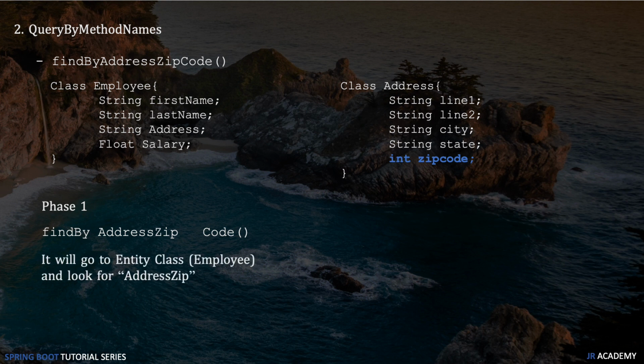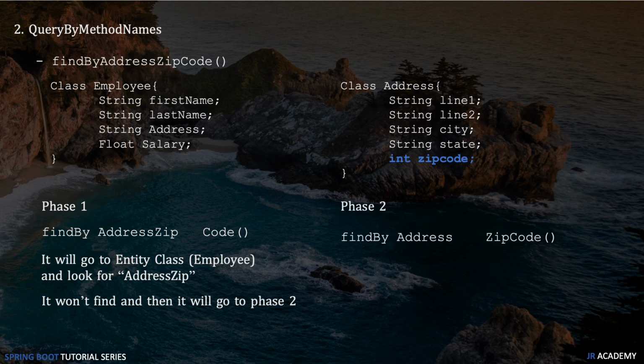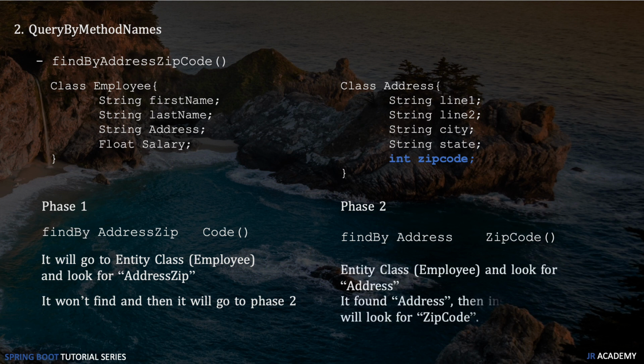If it finds it, then it goes inside again. If it won't find it, then it will split again and move the splitting point one step ahead. So the second splitting point is address and zip code. It will go to our entity class and look for address, and then inside address it will look for zip code, and that's how it is creating this query.